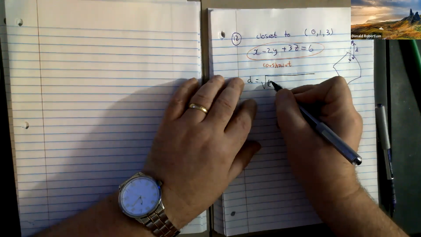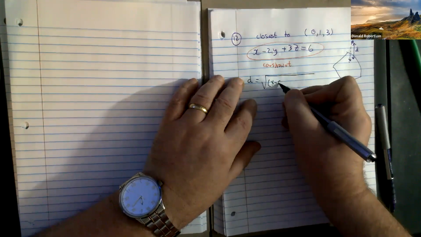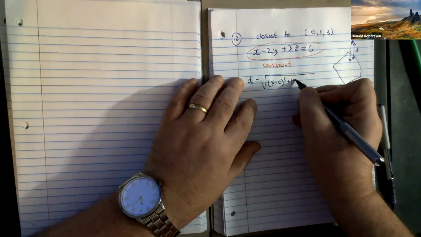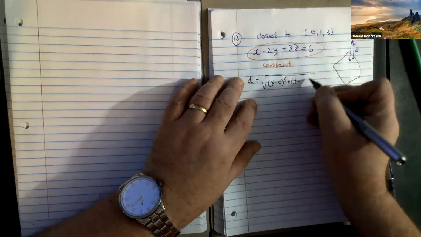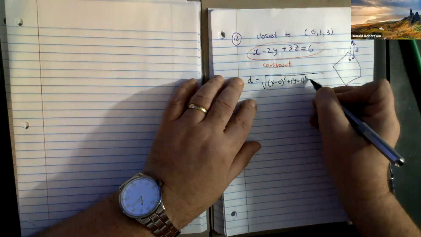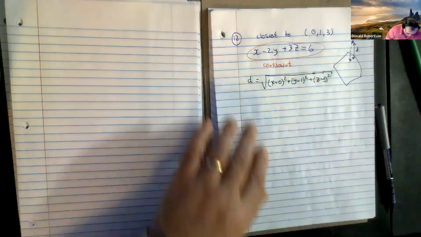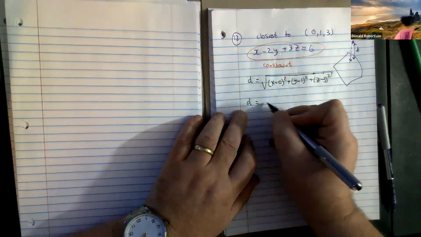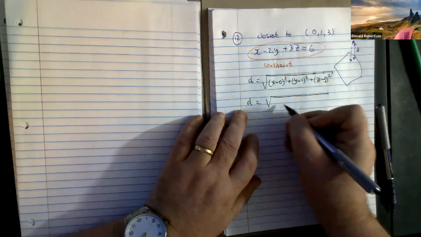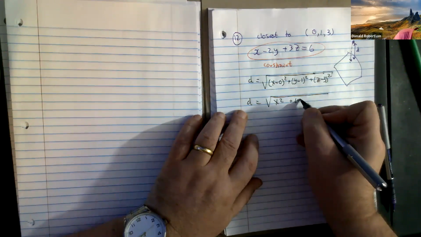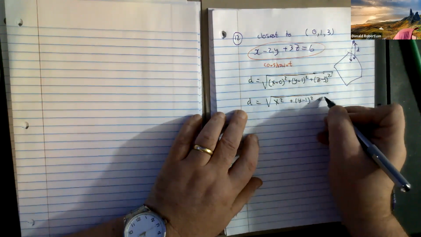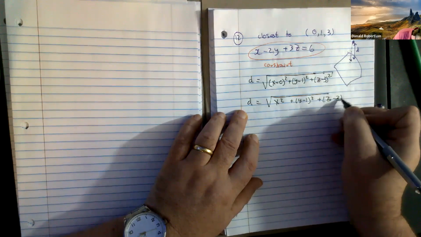So it's going to be x take away 0, y take away 1, and z take away 3, which is the square root of x squared plus y minus 1 squared plus z minus 3 squared.